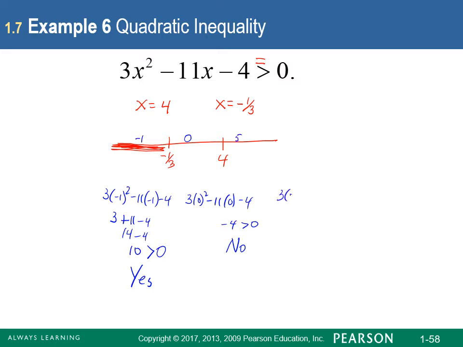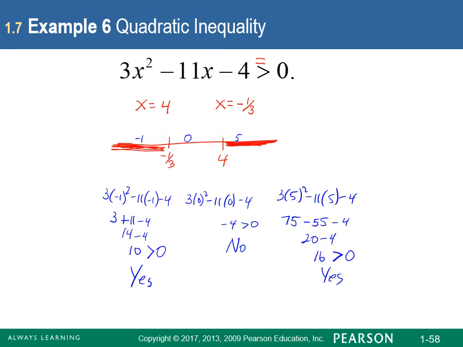So that's 3 times 5 squared, minus 11 times 5, minus 4. So that's 25 times 3, 75. 11 times 5, 55. 75 minus 55 is 20. And 20 minus 4 is 16, which is greater than 0. So we will shade the region to the right of 4.